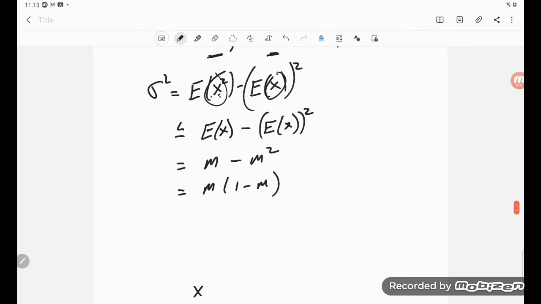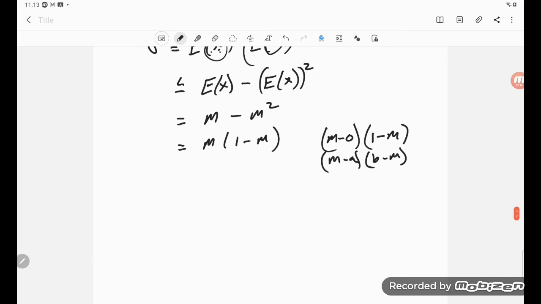And so we get this, but you see this is saying the mean minus 0 times 1 minus the mean, or in other words, m minus a times b minus m. So that worked for 0, 1.